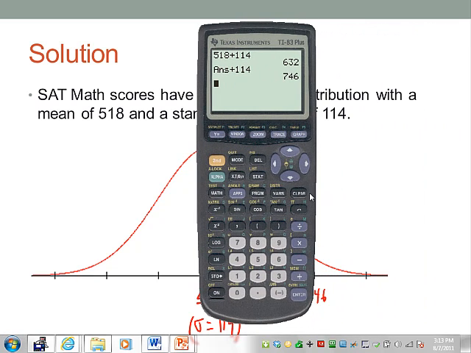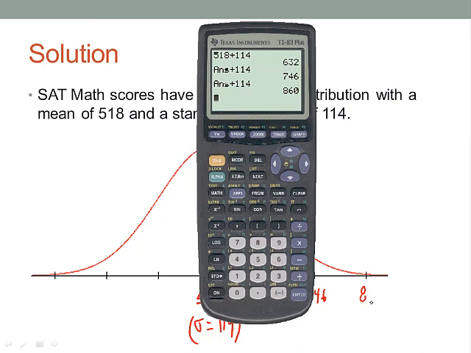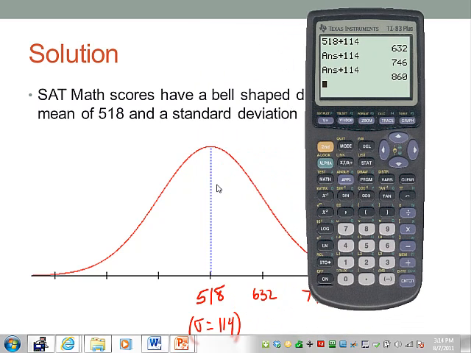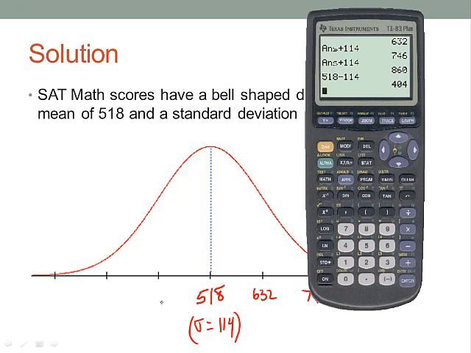And we'll go about one more. Plus 114, and we get 860. Then do the same thing except go to the left of the mean. We'll do 518 minus 114, so 404.